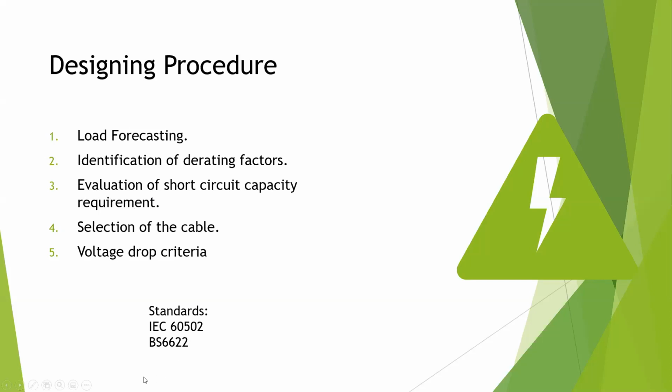These are the standards we are going to refer to when designing MV distribution cables. These are the two standards approved by CEB: IEC 60502 and BS 6622. These are the two standards the CEB approves for installation.